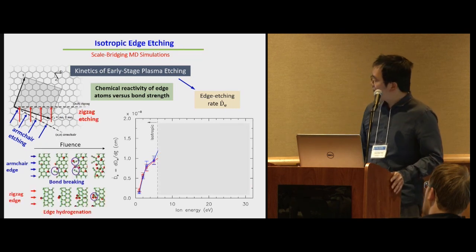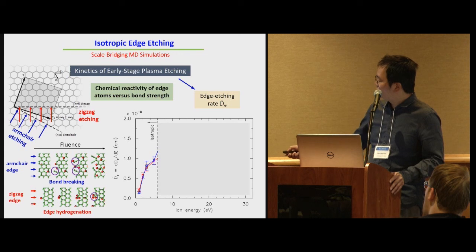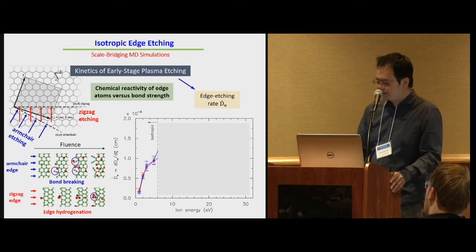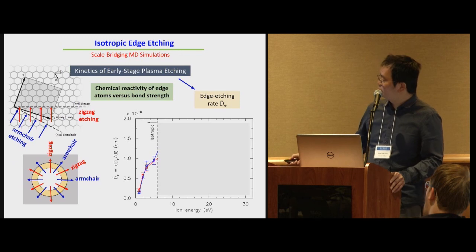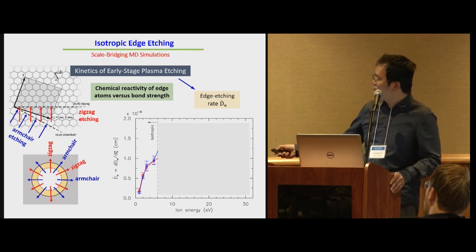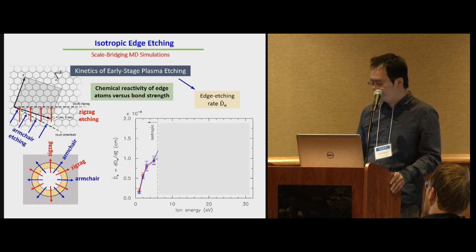And we see that at low ion energy of up to roughly about 6 electron volts, the armchair etching and the basal plane etching rates are roughly the same. Okay, what does this imply? This implies the formation of isotropic holes in the graphene basal plane. Right, you have isotropic etching over here.